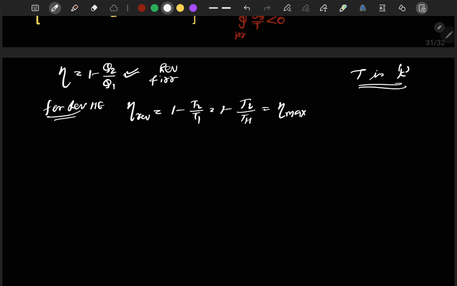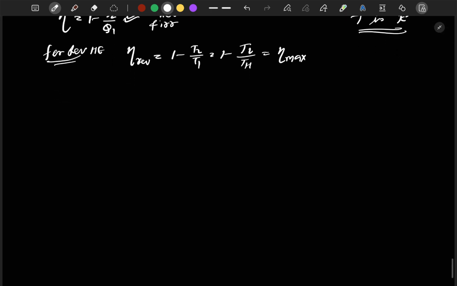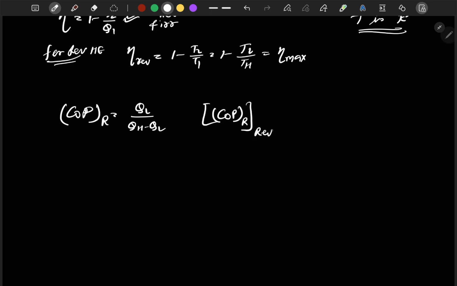Similarly, for refrigeration, as I told you earlier, COP is QL upon QH minus QL. We can also write it in terms of temperature, and for a reversible refrigerator, COP can be written as TL upon TH minus TL.